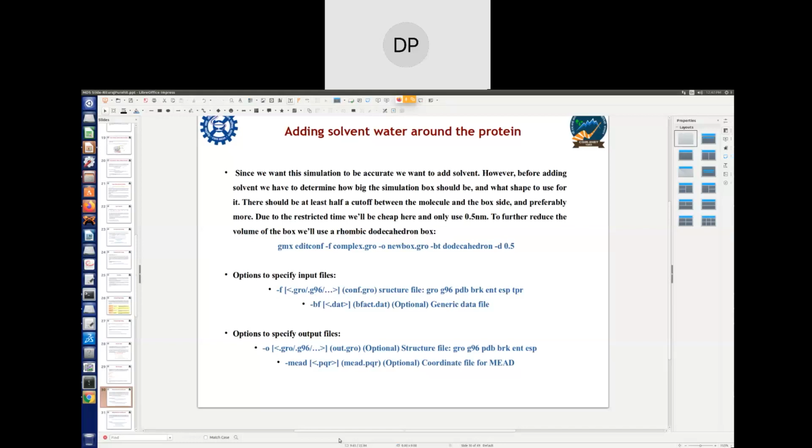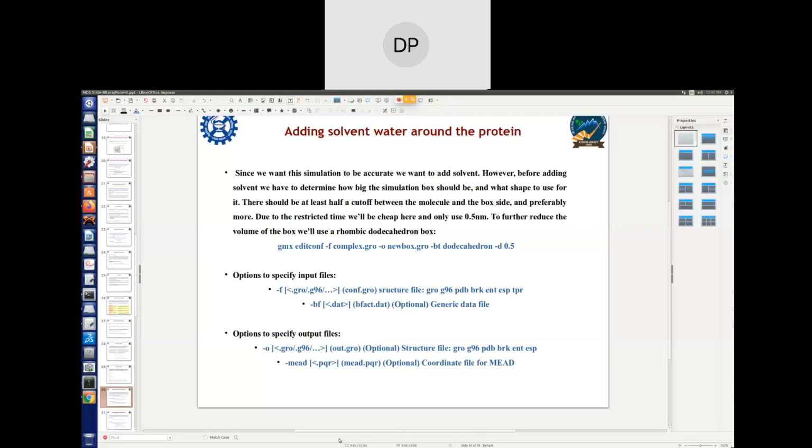If your protein is very long, not spherical, and has a lot of chains, then you need a rectangular box. And if it is roughly spherical, you can choose a cubic box. Cubic box is more appropriate in most cases.